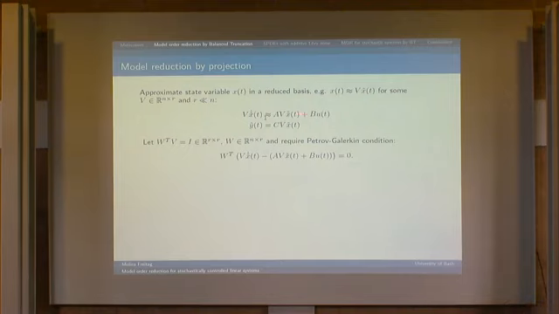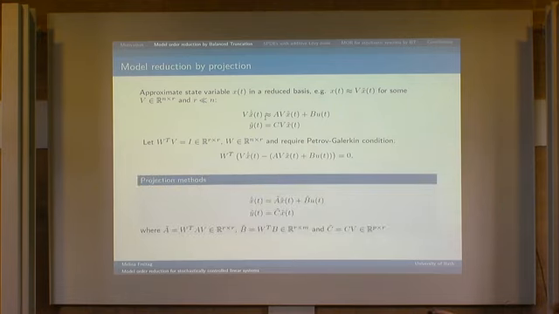So that's the Petrov-Galerkin condition. If you write this out, here you get a projected matrix A and a projected matrix B. And for the second equation, you just copy what is up there. So you have a reduced system. It's a very simple idea.